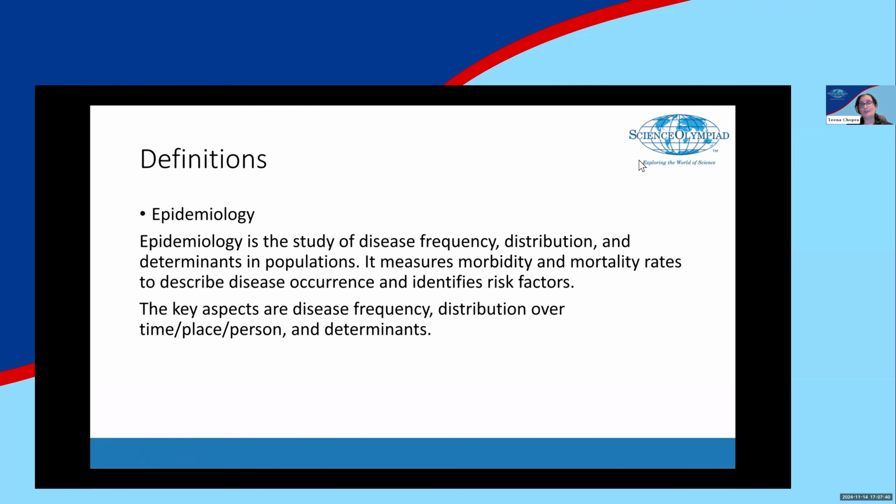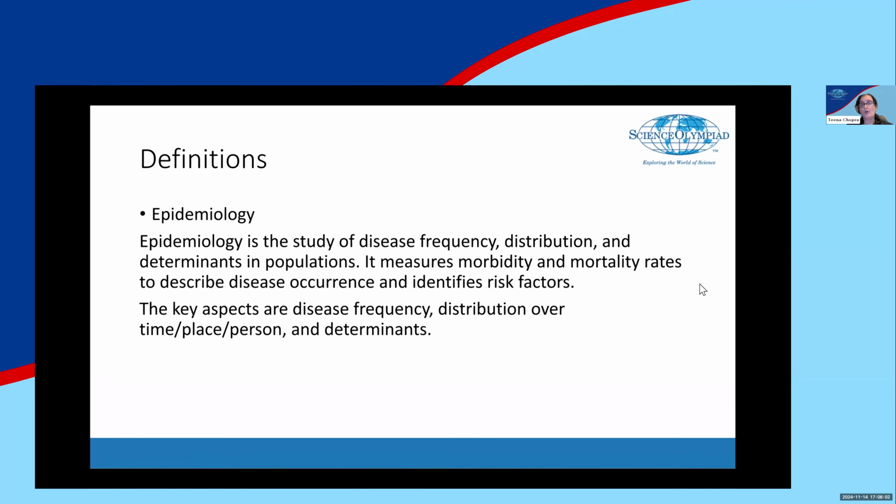Let me first define what epidemiology is, which is the basis of this particular event. It is the study of disease frequency, distribution, and determinants, so it includes all three. Frequency involves math: how often something is happening. Then distribution and determinants in a population.